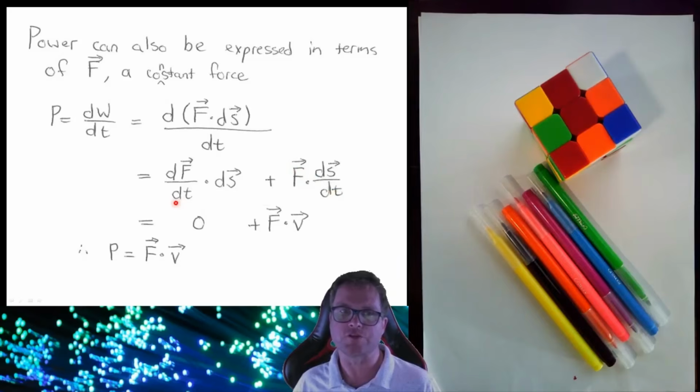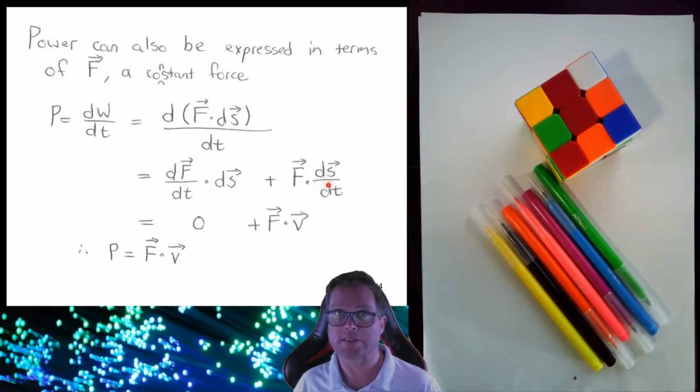If we look at these two terms individually, for the first term we're dealing with the case where the force is constant. Because the force is constant, dF/dt will be 0. So that means this whole first term will be 0 as a consequence of dF/dt being 0. In the second term, we have the force dotted with ds/dt. We know ds/dt is actually velocity, right?